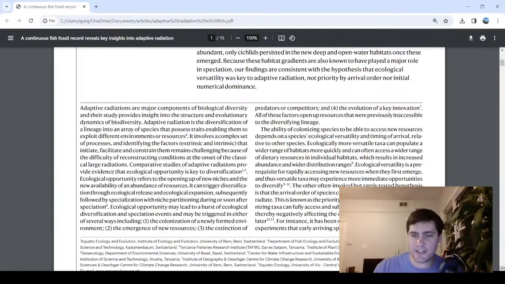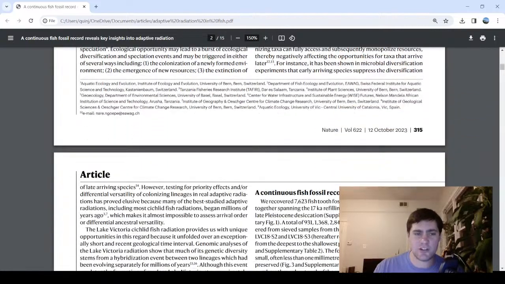For instance, it has been shown in microbial diversification experiments that early arriving species suppress the diversification of late arriving species.